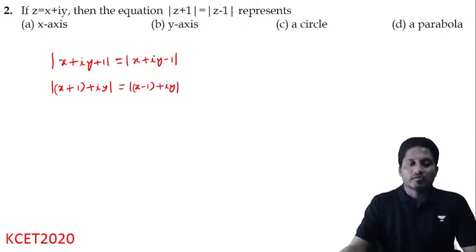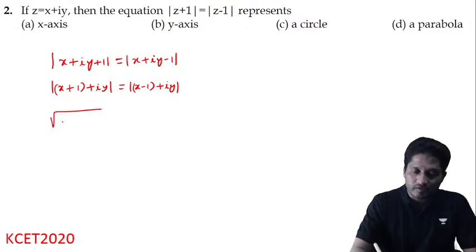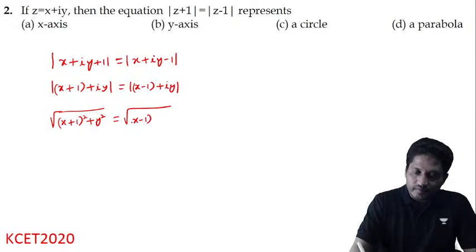Mod of x plus iy is root of x square plus y square. So root of x plus 1 the whole square plus y square is equal to root of x minus 1 the whole square plus y square.